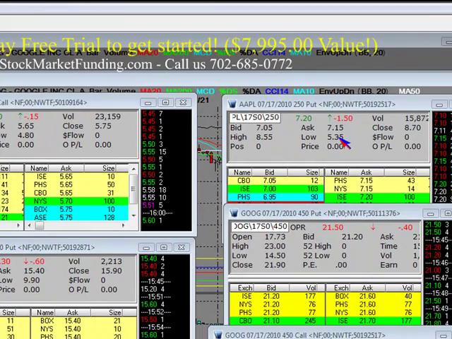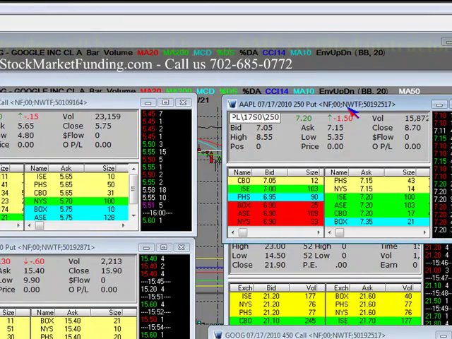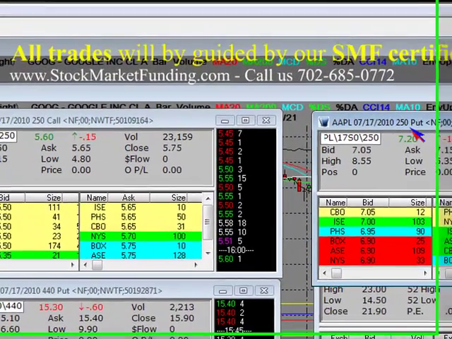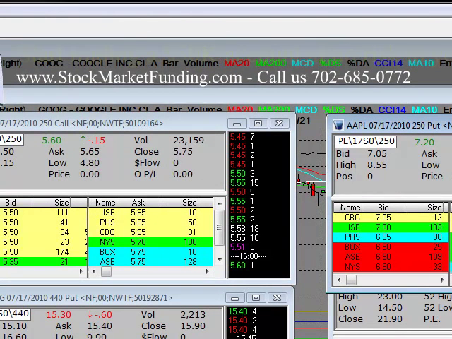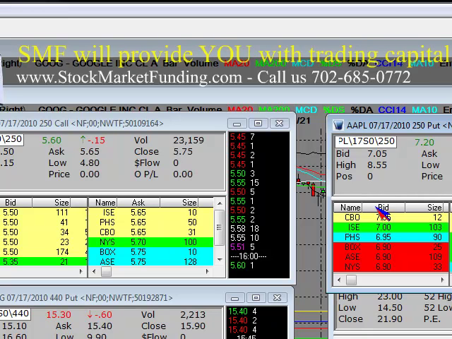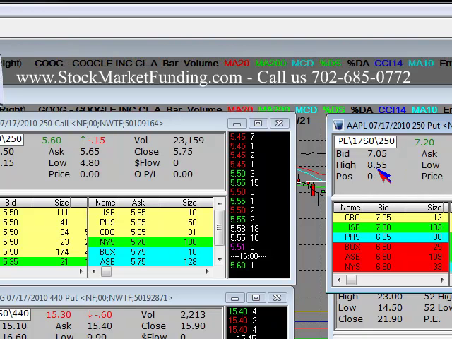That 250 put right there, you can see it, 5.35 is the price. Apple Computer came up off the lows by $3 from that low up to an intraday high and ended up settling around 7.20.